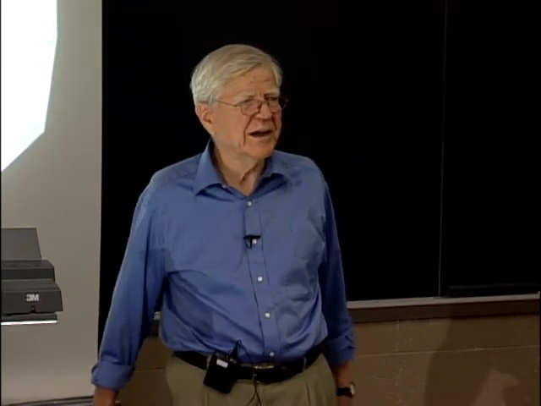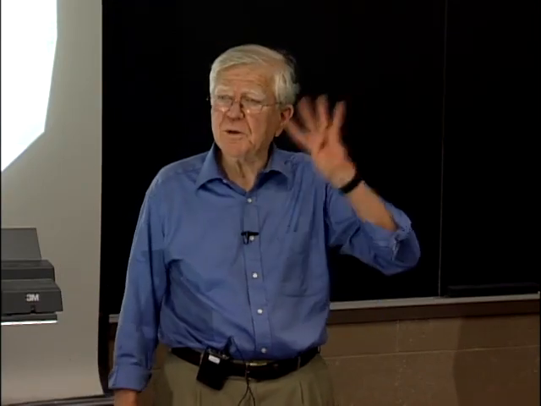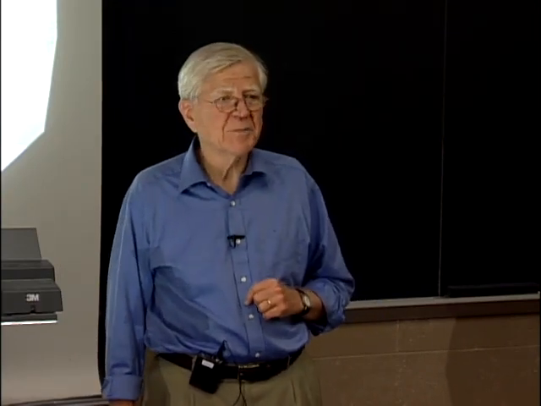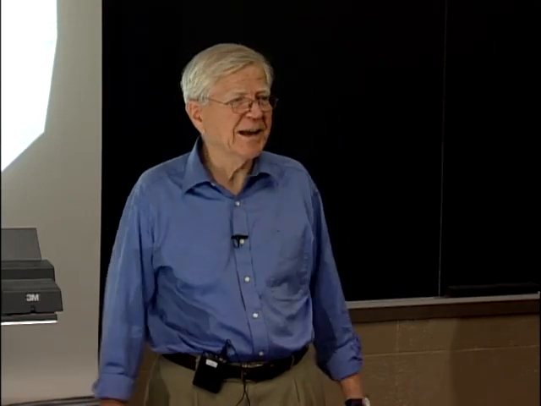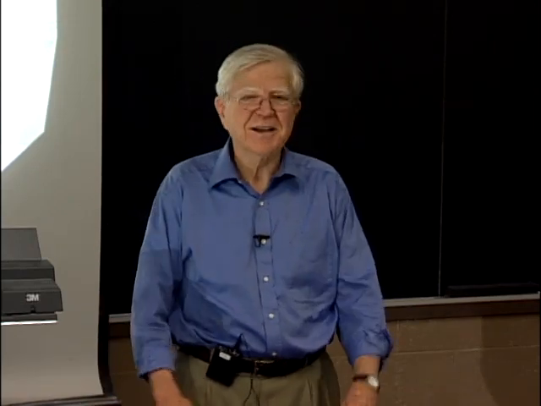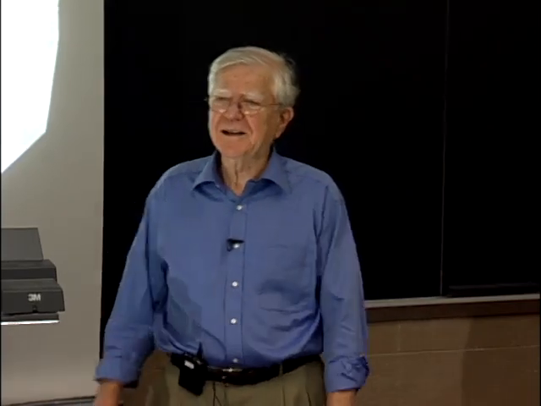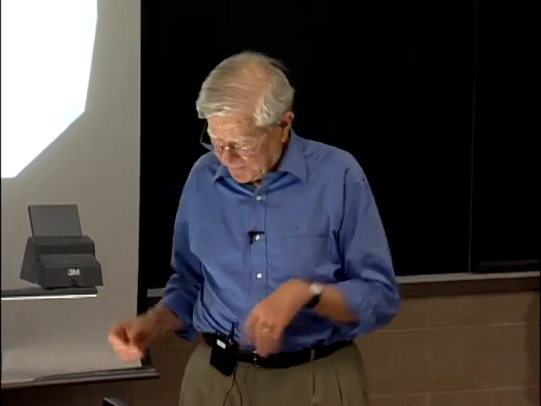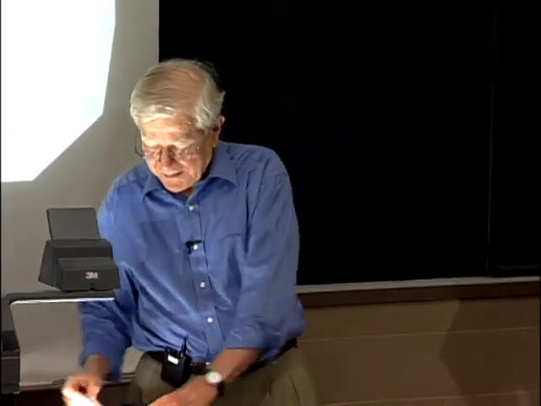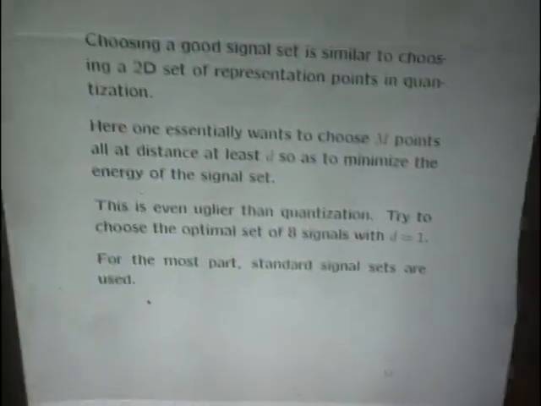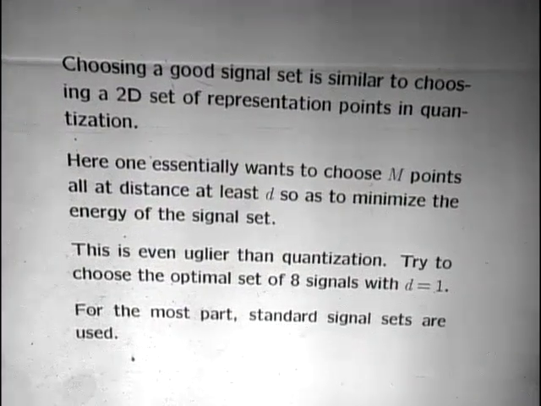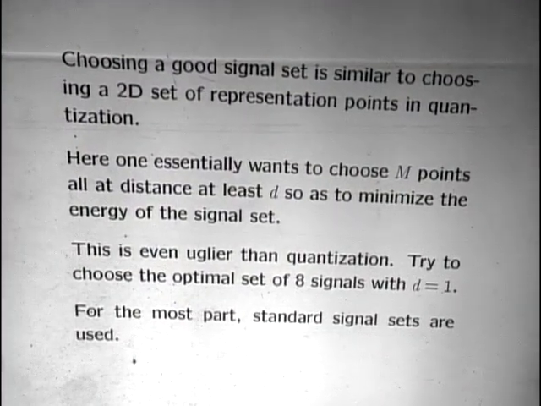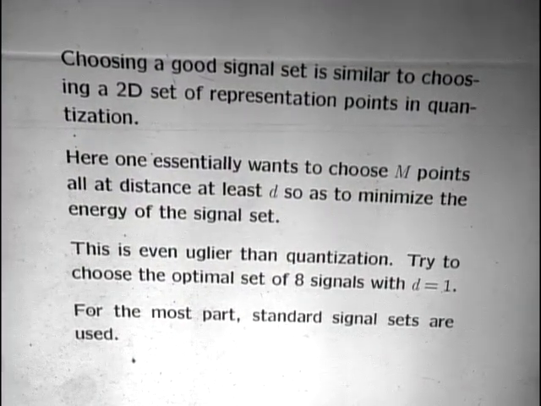You do the same thing for any number of points, except for 4 points. For 4 points, it's easy: you use standard QAM, and it's the best thing to do. But that's not much fun. So partly for that reason, people use standard signal sets, and partly because you don't seem to be able to gain much by doing anything else.